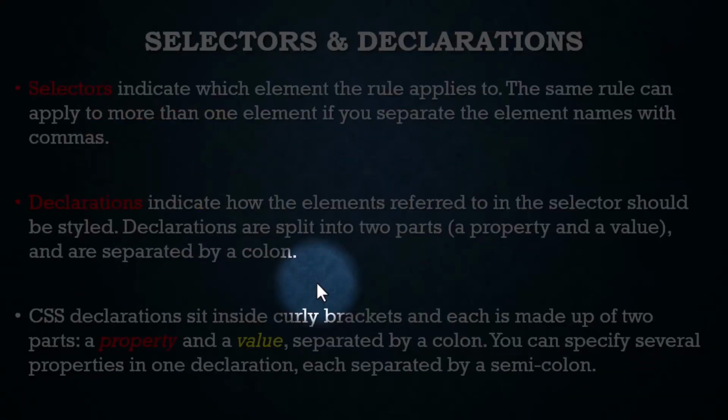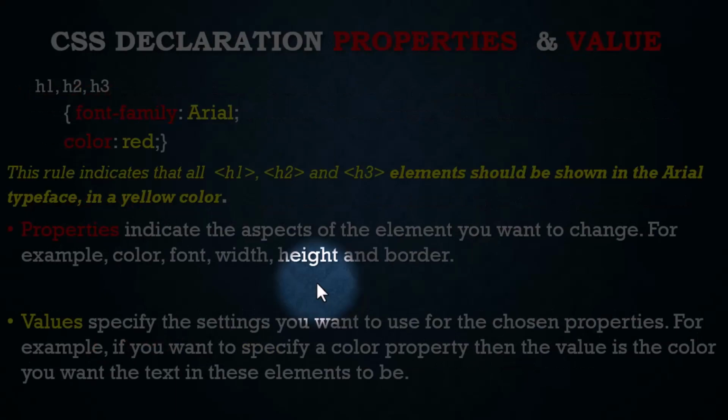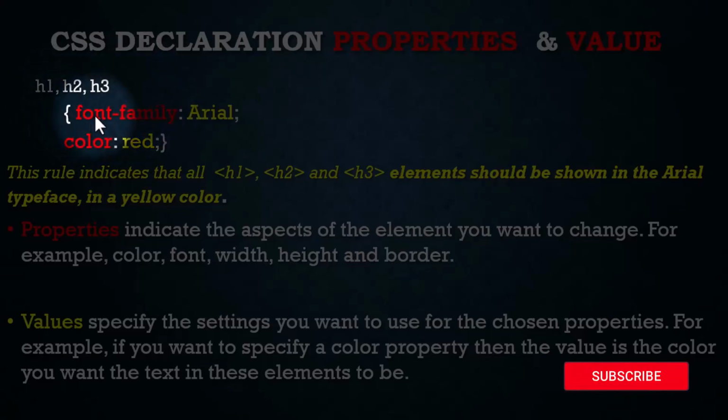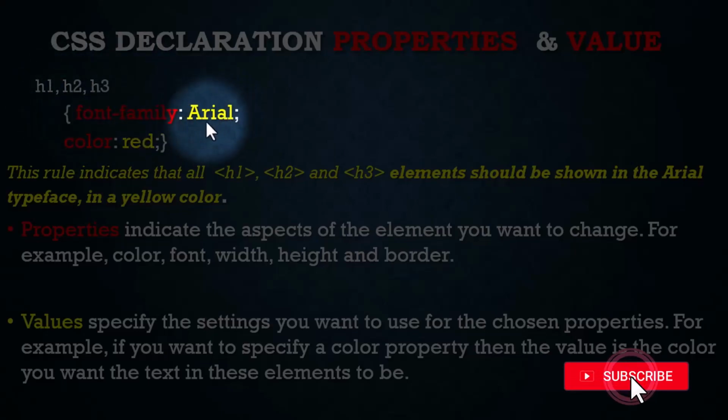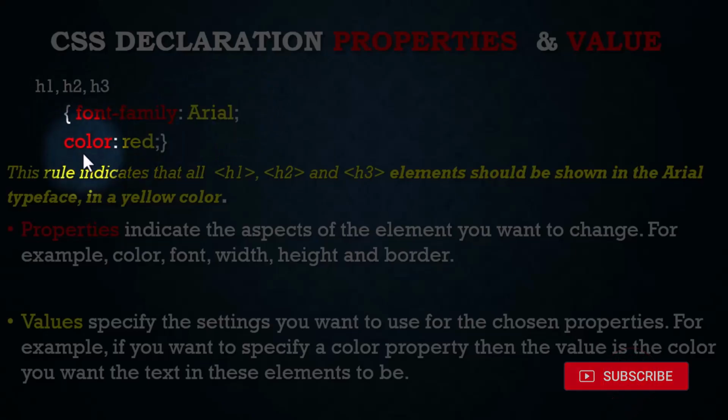So CSS declarations, or properties and values, if you check this particular one, I'm sure by now you are able to interpret it. The interpretations are the ones in yellow. So H1, H2 and H3, which means heading 1, heading 2, and the third level heading, should have a property of font family and a value of Arial, whilst another property is color.